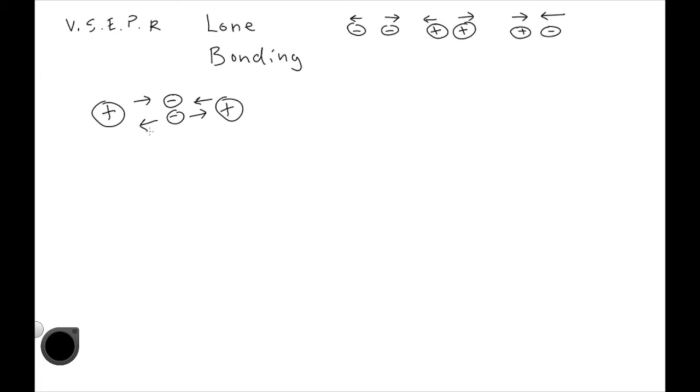Electrons in a covalent bond are tightly held by attractive forces of the nuclei. Think of it as being stuck or, quote unquote, bonded together. Because of this, they can't really move freely because they are being held back by the pull of the positively charged nuclei. So they can't travel very far away. On the other hand, lone pairs are not held by the attractive forces of both nuclei, but rather just the nucleus of the atom they're attracted to, so they have more freedom than the bonding pairs because they're less tightly held.